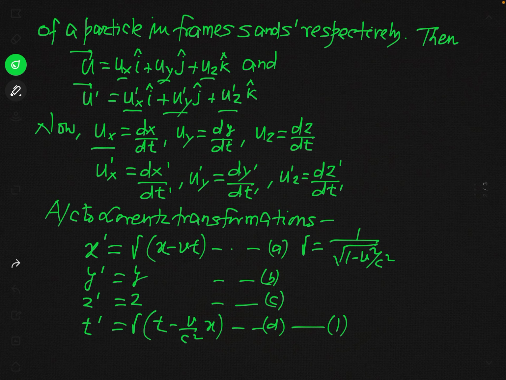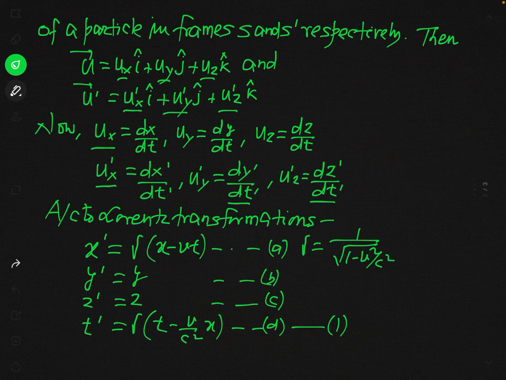So if we define the components of velocity u prime, what will be the definition? You can see easily that u prime x is equal to dx prime by dt prime, u prime y will be dy prime by dt prime, u prime z will be dz prime by dt prime. So these are the basic definitions for the velocity components.